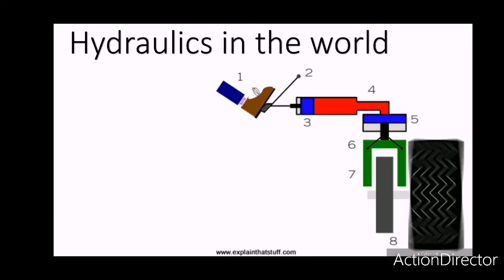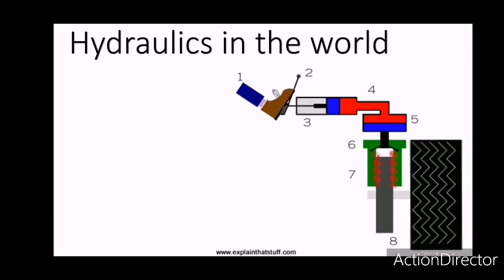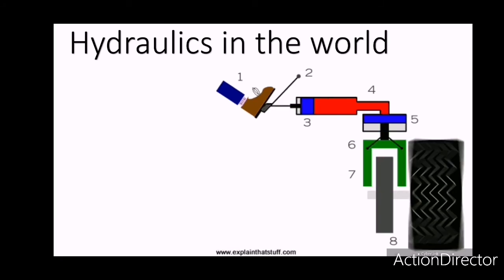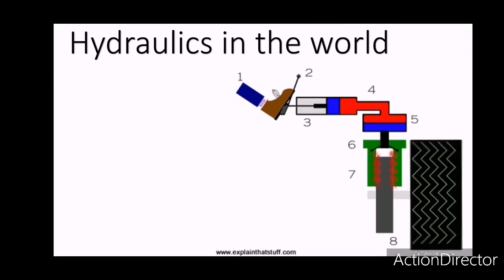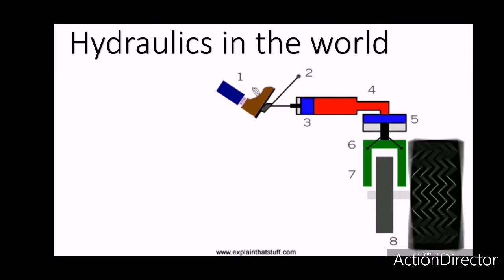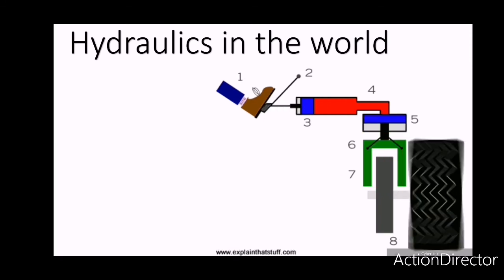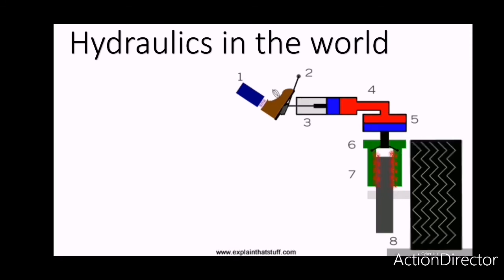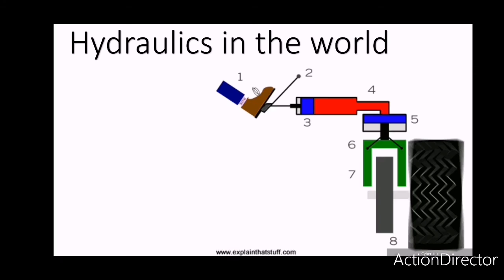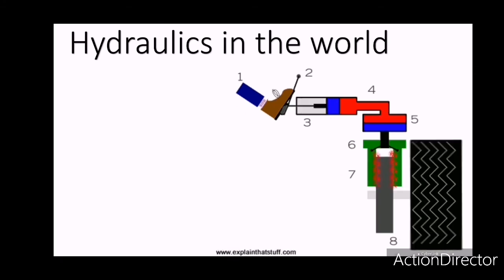The next one I want to show you is car brakes. When you push on the brake pedal of a car, the small syringe transfers hydraulic pressure to the big syringe there at the bottom by number 5, and that puts the brake calipers together and stops the wheel from moving.